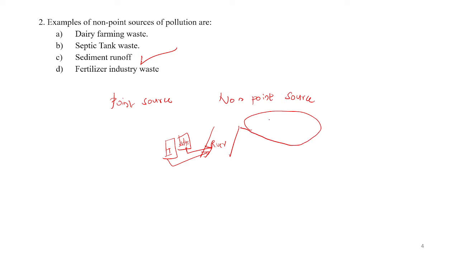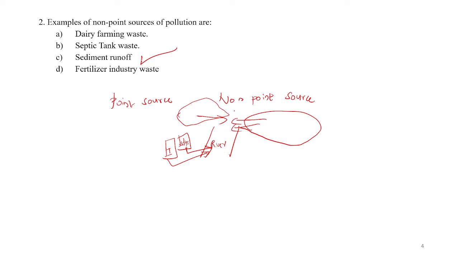Non-point source is such type of waste where, if you have an agricultural land or field and some area or catchment from where you have the runoff, you would not know how much wastewater is getting generated, at what time it is getting generated, at what level it is getting generated.